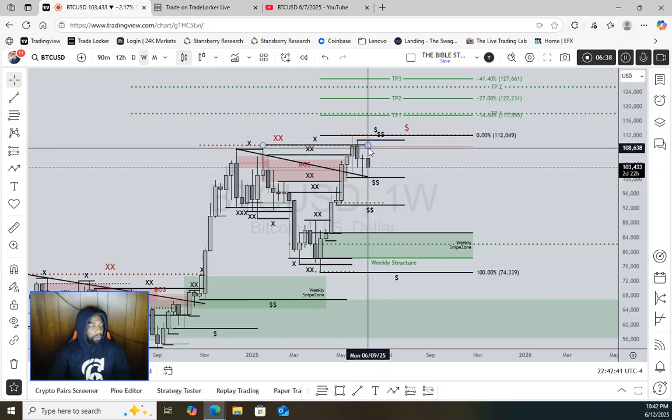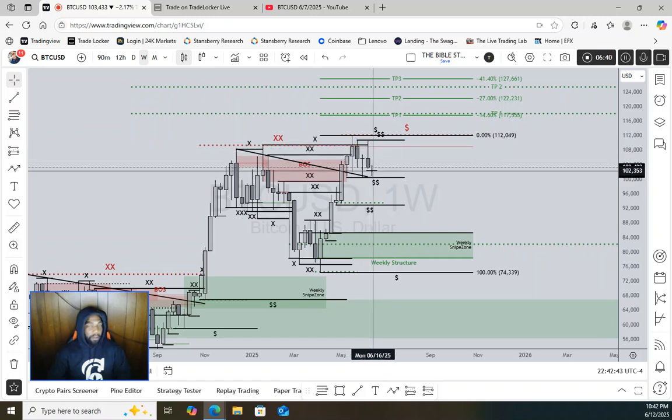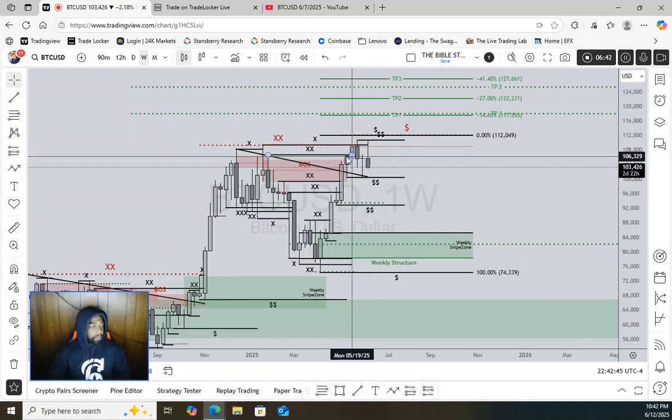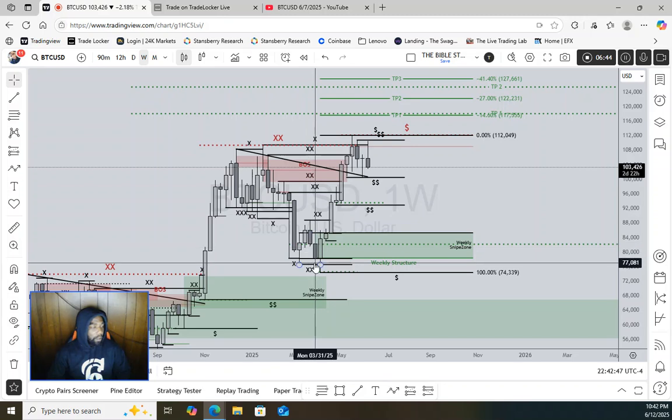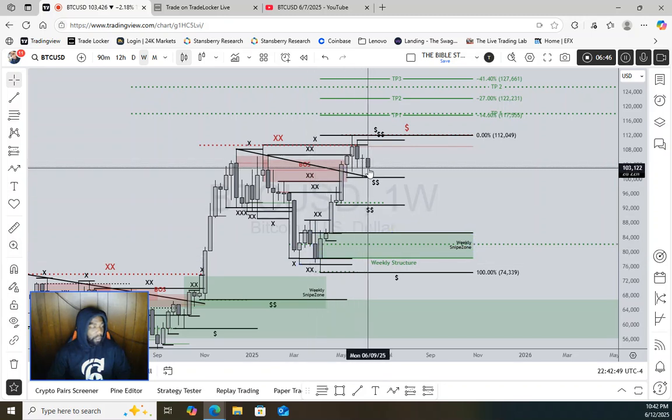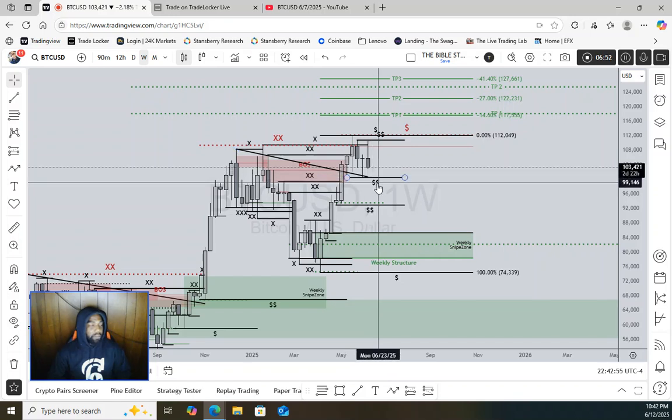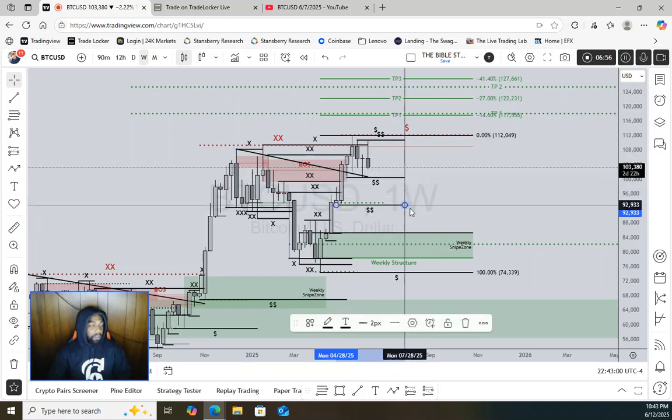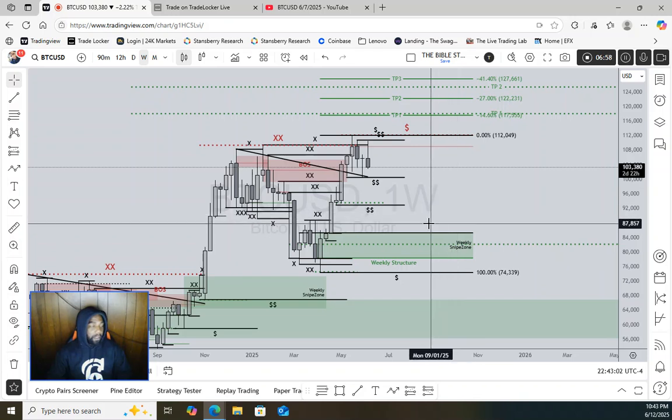And now price is pushing down. You know what I mean? So this right here can also be price continuing its retracement to the downside. And you have equal lows here, equal lows here, you know what I mean? Targets.